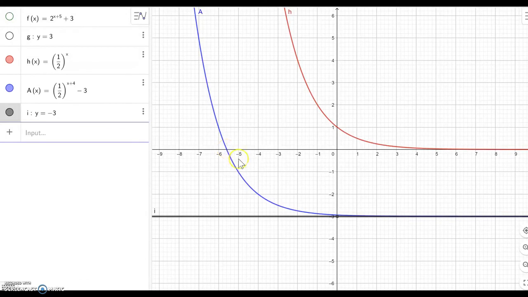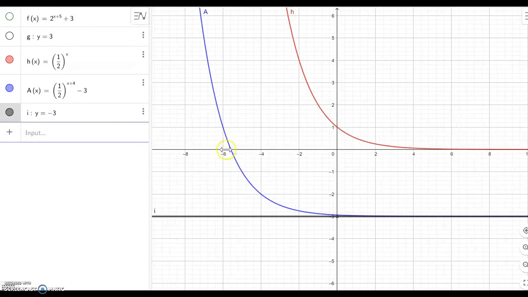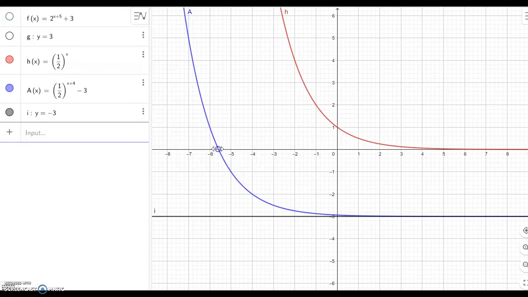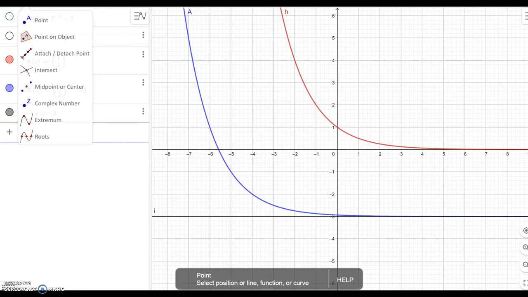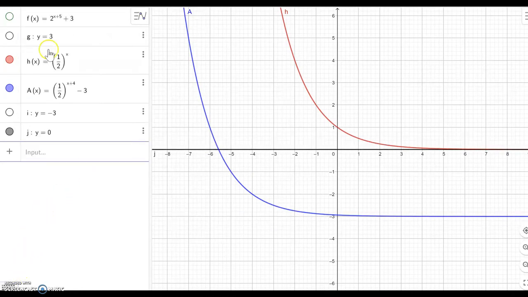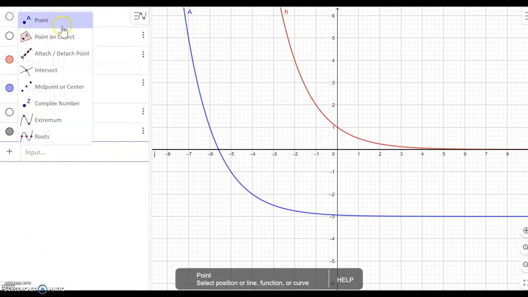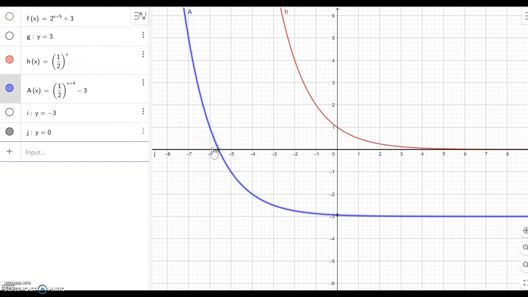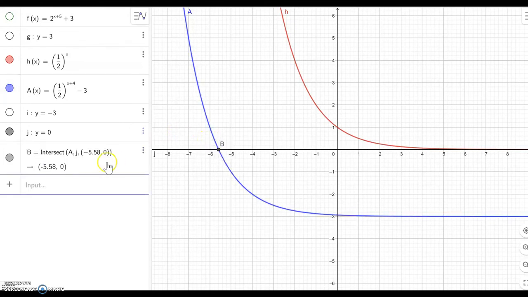So I'm going to find out. Then now we can find out this point. So let me find this point maybe. I'm going to find the intersect, so here, the intersection between this line and this graph. Then we found negative 5.58 and 0.